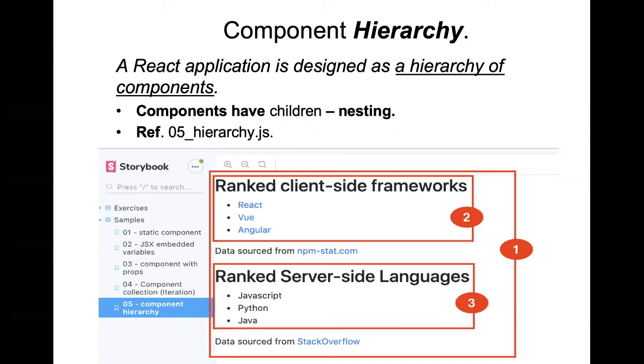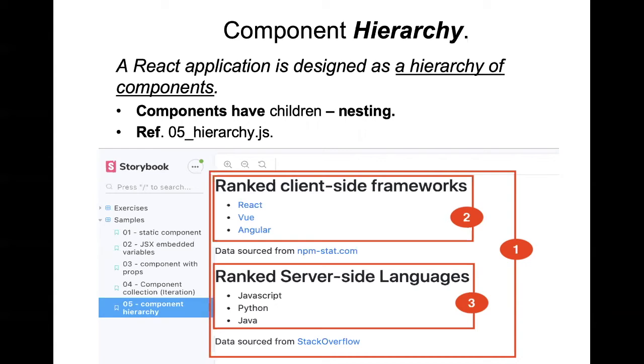And this idea of having boxes inside boxes. Another way of interpreting what those boxes are telling me is that I'm going to have a component that is just going to be responsible for rendering what's inside box 2. I'm going to have another component that is just going to be responsible for rendering what's inside box 3. And I'm going to have a third component, number 1, and within its JSX, it's going to be using 2 and 3. But it's going to be a hierarchy.